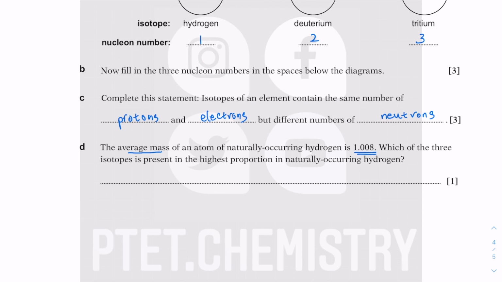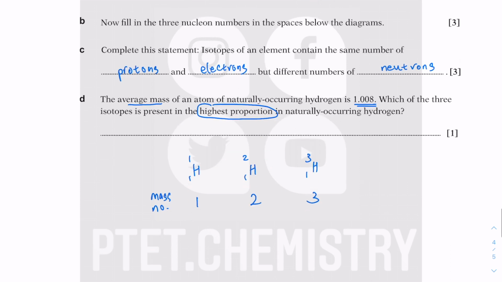Which of these 3 isotopes is present in the highest proportion? So remember we talked about the isotopes, right? So 2, 1, 3, 1. Okay, and we said that the mass numbers are 1, 2, and 3, and that means between 1 and 3, your average is very close.